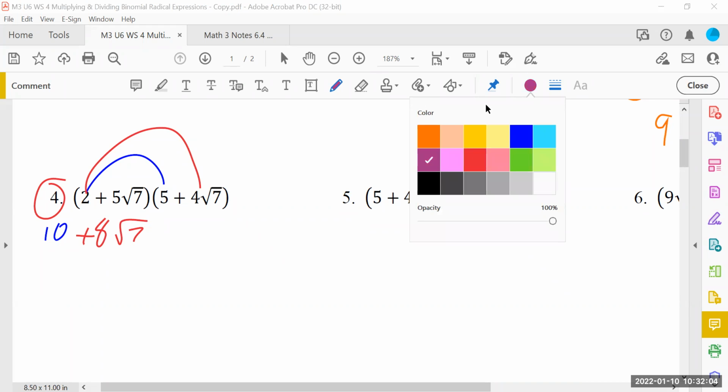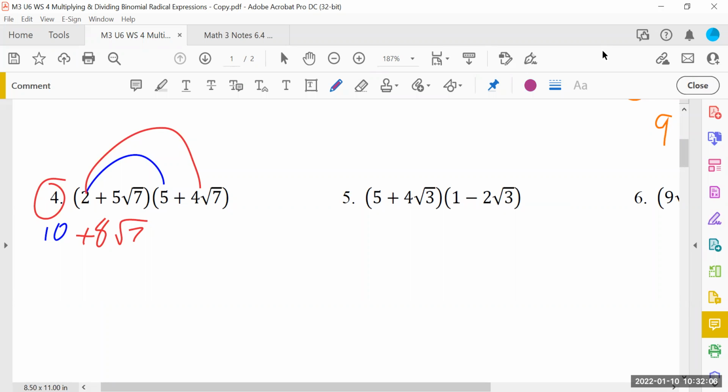And from there, what should I multiply next? Caitlin, what should I multiply next? The 5 root 7 and 5. There you go, 5 root 7 and 5, and what does that make? 25 root 7. And let's get one more. LJ, what's the last thing that gets multiplied together here?